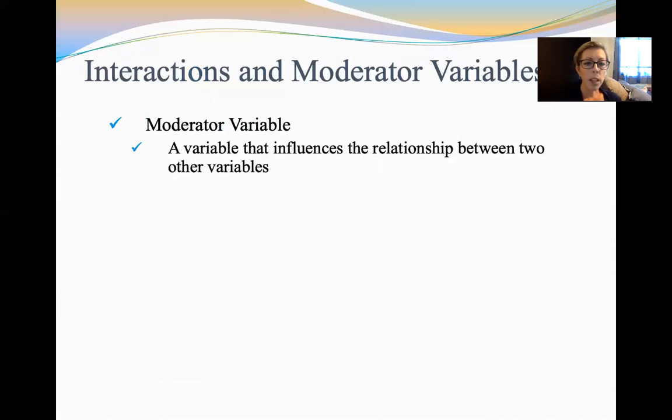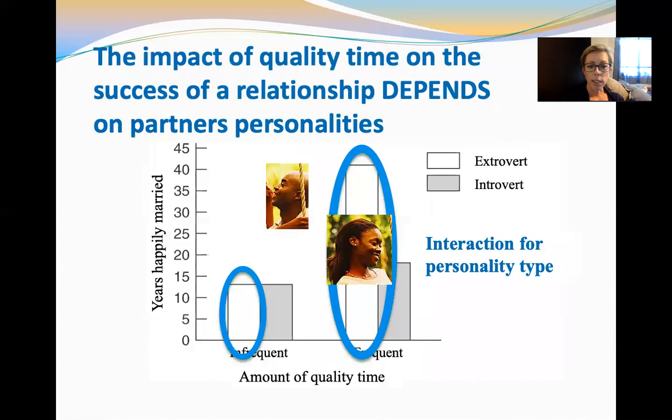Okay. So for some of you, you may be thinking, oh, this sounds like the talk we had earlier in the semester about mediator and moderator variables. That is exactly correct. A moderator variable in this case would be a variable that influences the relationship between two other variables. In that last example, the personality type is a moderator for the relationship between quality time and longevity of the relationship.